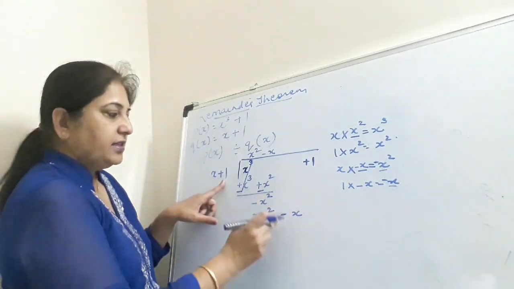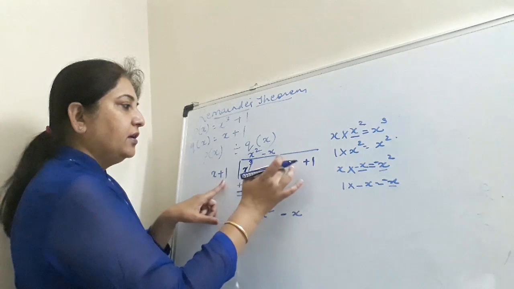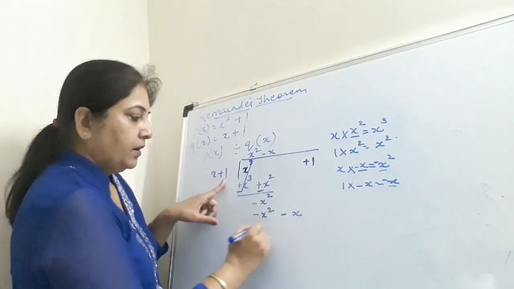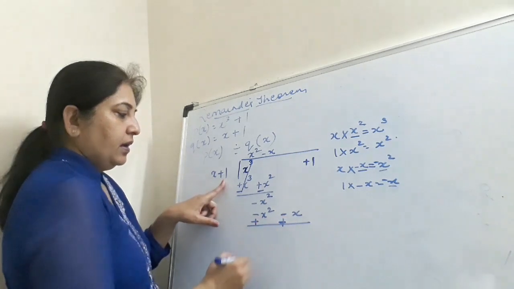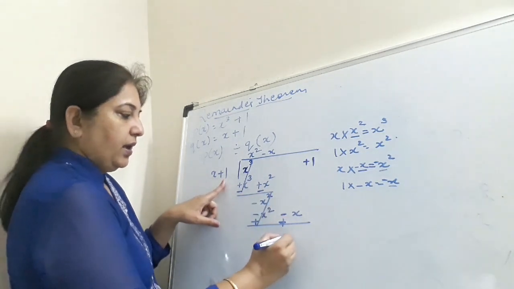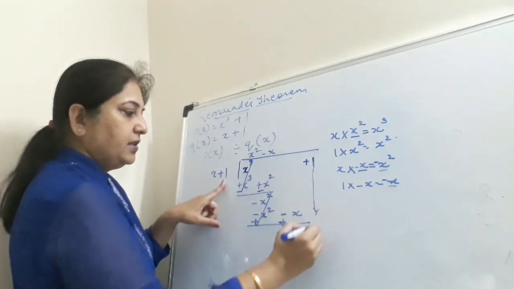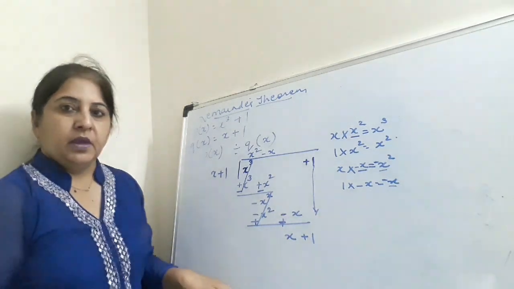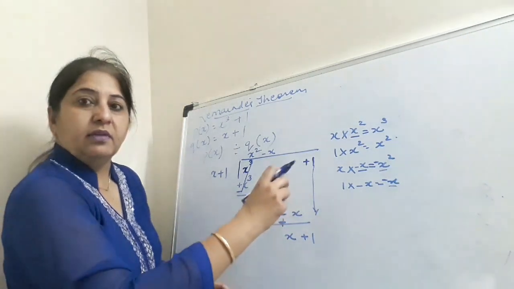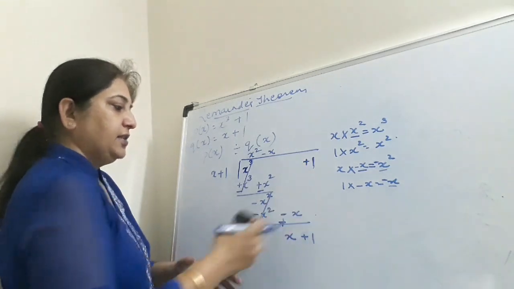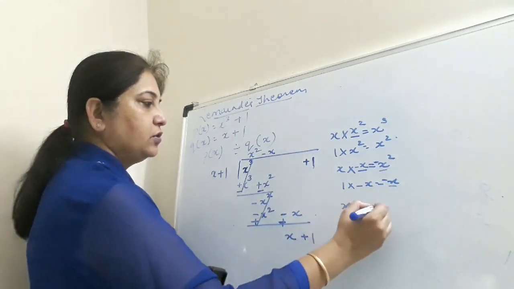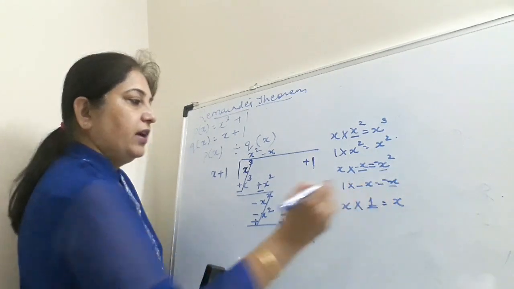So I will write it here because I don't have any term here, so there is nothing to copy for me. I will draw a line. I will change the sign. Here I cancel, and now I get x, and now copy down plus 1. So I have to go in one by one order, right? Now, what will I multiply by x so that I get x? 1.